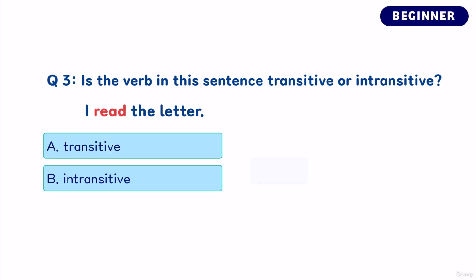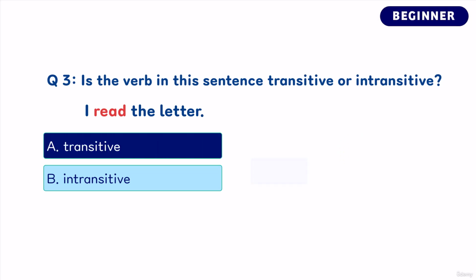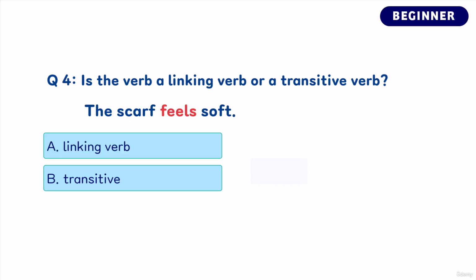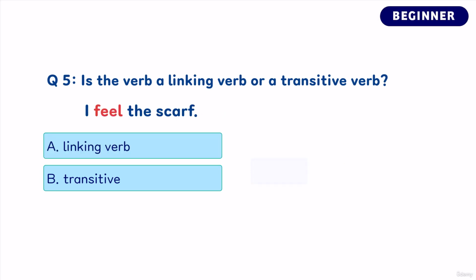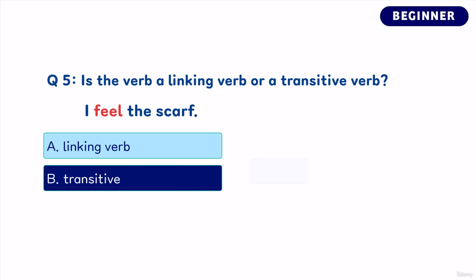Is the verb in this sentence transitive or intransitive? Transitive. Is the verb a linking verb or a transitive verb? Linking verb. Is the verb a linking verb or a transitive verb? Transitive.